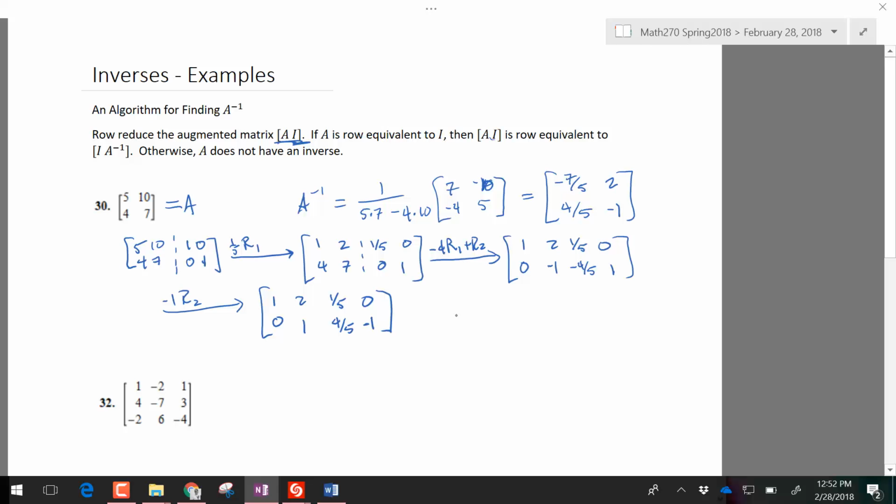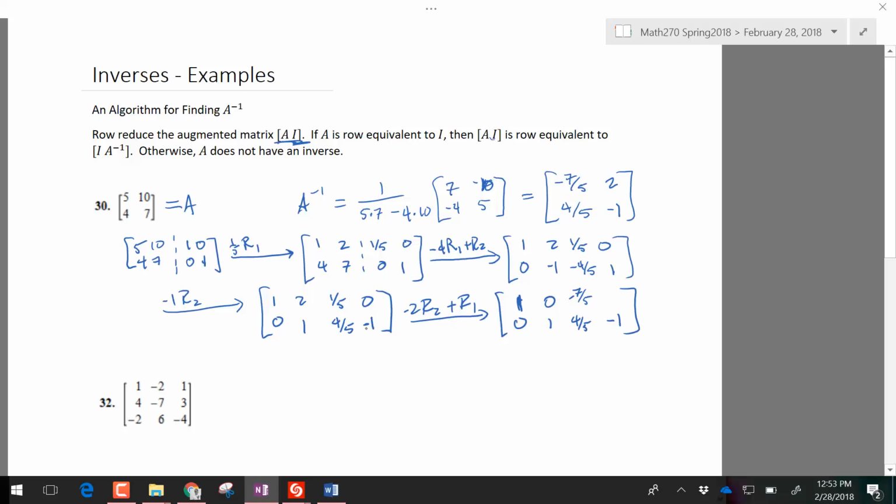And then we need to wipe out this 2 as our last step. So I'll take the second row, multiply that by negative 2, and add it to the first row. The second row stays the same. The first element in the first row stays the same because there was a 0 there. The whole point of doing this is to make that second element in the first row a 0. So now let's figure out what happens here. This is negative 8 minus 1, negative 7/5.